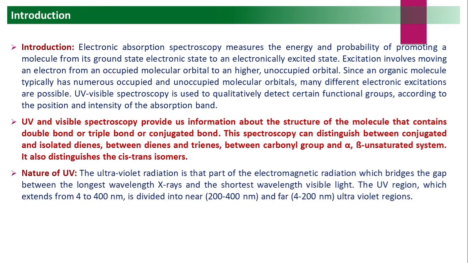Already we learned about the nature of UV: ultraviolet radiation is a part of electromagnetic radiation which bridges the gap between the longest wavelength X-rays and the shortest wavelength visible light. The UV region extends from 4 to 400 nanometer, and it is divided into near UV, that is 200 to 400 nanometer, and far UV, that is 4 to 200 nanometer.